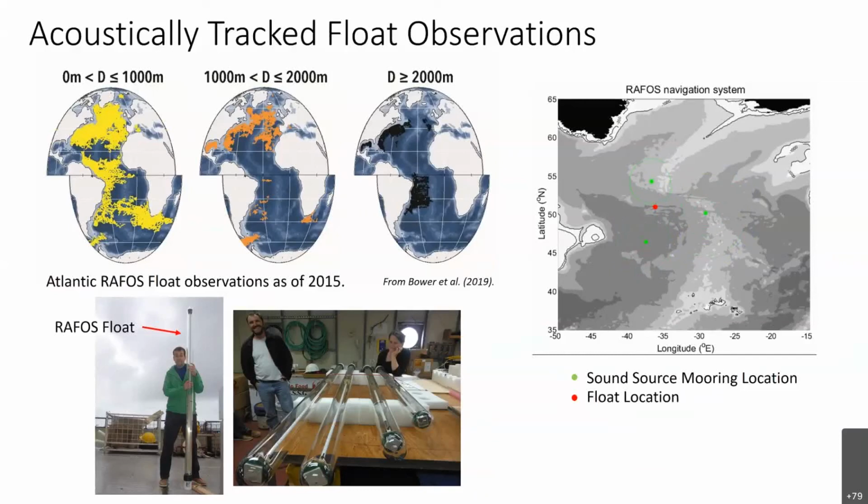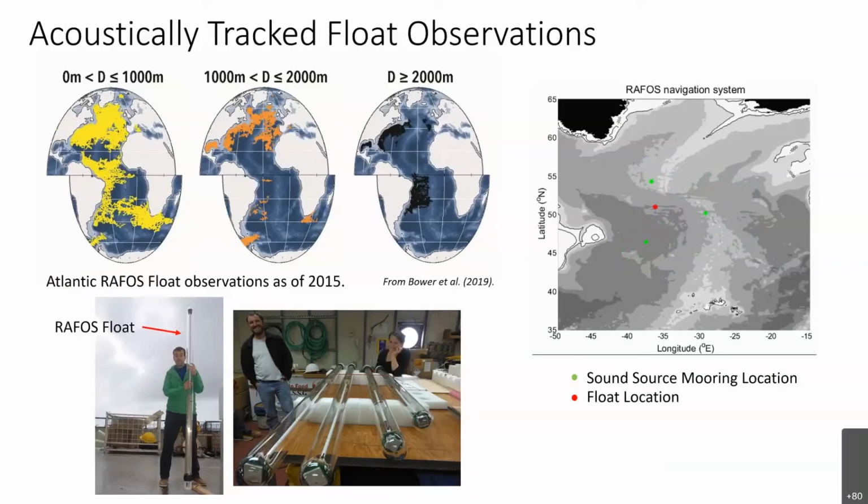For those of you who don't have any experience with acoustically tracked floats, they are deployed from a ship, usually. They sink down to a predetermined depth. They have a hydrophone on them, and they listen for specific signals from moored sound sources that have been deployed before you started the float deployments.